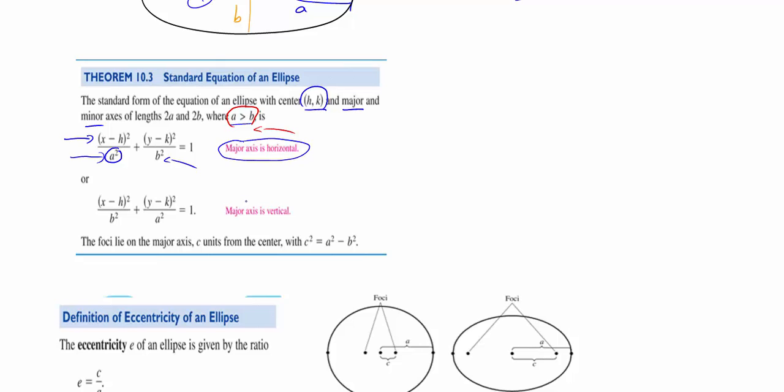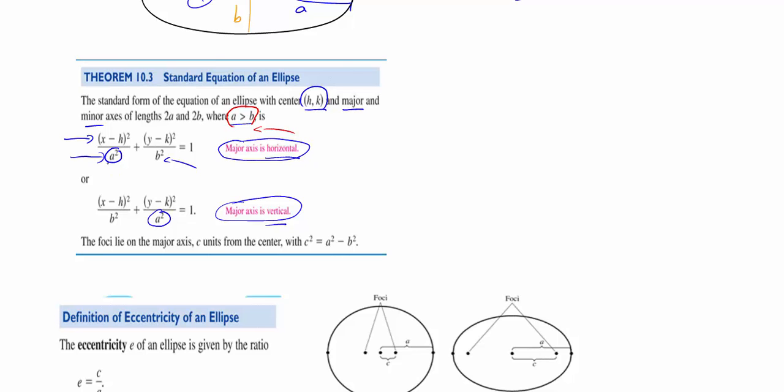And if we look down here where it says the major axis is vertical, notice now the a squared is over here underneath the (y minus k) squared. So again, this is going to be the larger value. So the bigger number is under the (y minus k) squared. If the bigger number is under the y part that's squared, then it's going to be vertical. If the number underneath the (x minus h) part that's squared is bigger, then your axis is going to be horizontal.